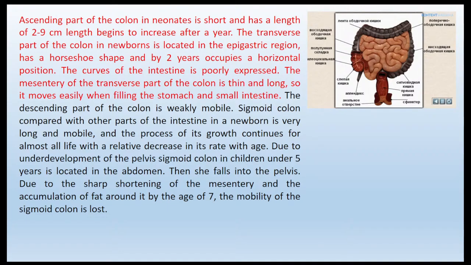Then it falls into the pelvis. Due to the sharp shortening of the mesentery and accumulation of fat around it, by the age of 7 years the mobility of the sigmoid colon is lost.